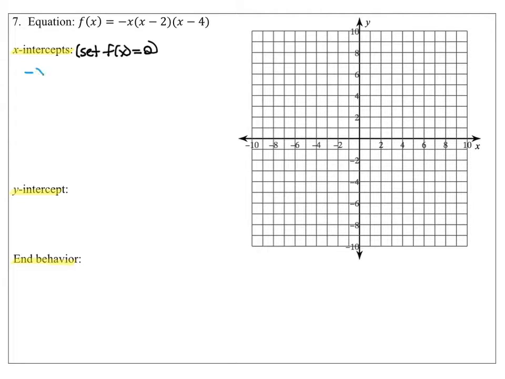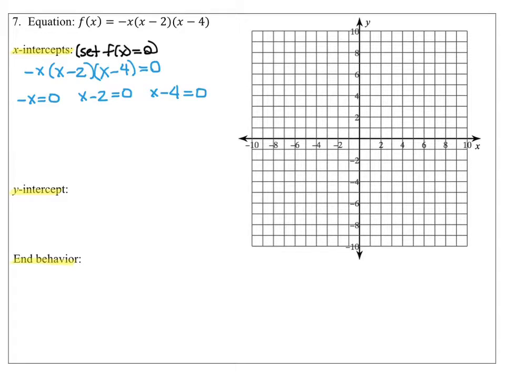So I can say -x times x minus 2 times x minus 4 equals 0. That means that -x has to be equal to 0, x minus 2 has to be equal to 0, or x minus 4 has to be equal to 0.